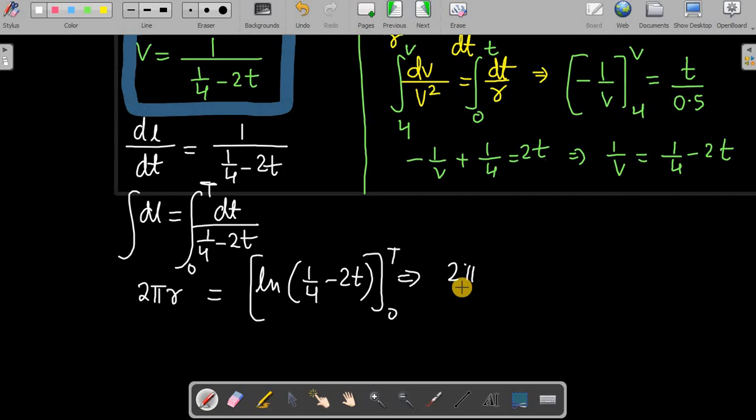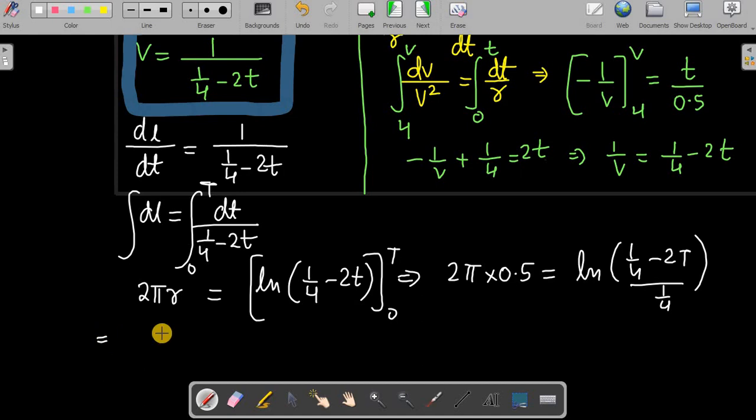The radius is how much? 0.5, right? So this will become 0.5, and then ln, you put the upper limit first, so 1 by 4 minus 2t, and log a minus log b, so it will become 1 by 4. So solve it from here. So this will be pi, and this will be ln of 1 minus 2t, so that will become factor 8, right? 8t.